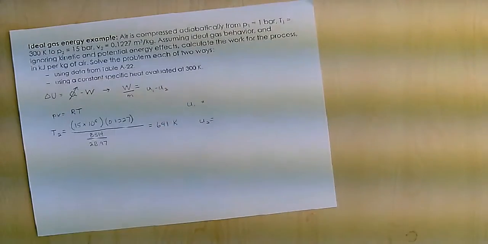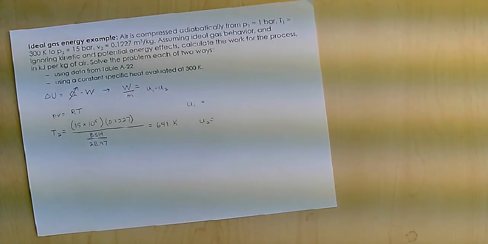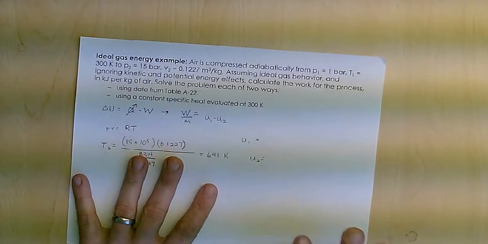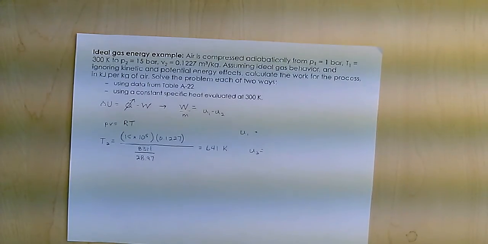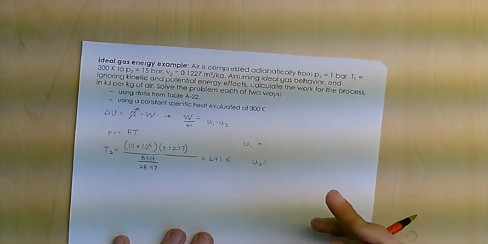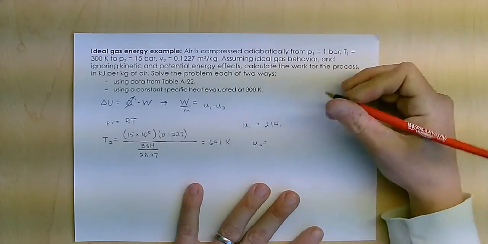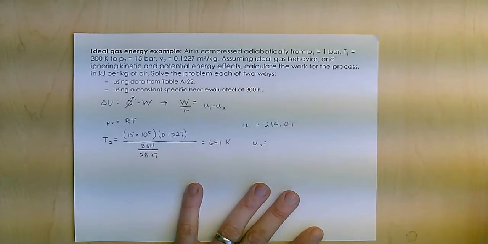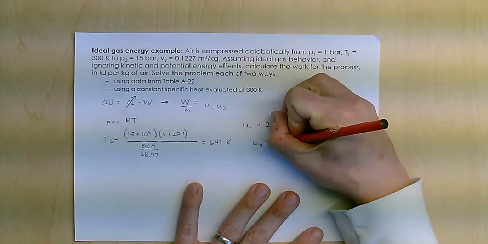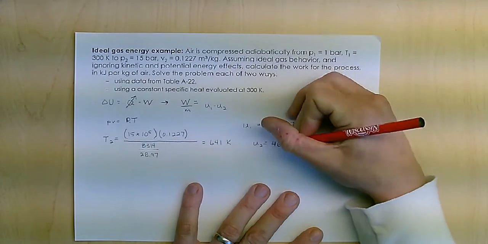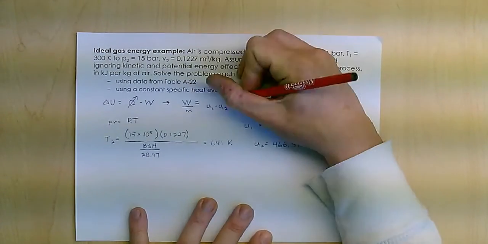So from that table, I find that the U value is 214.07 for U1, and U2 is 466.51.